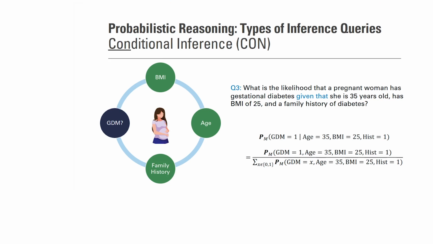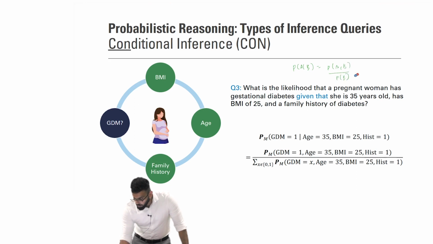So, this boils down to writing conditional queries, and from Bayes rule, we know that we can write P of A given B as P of A comma B divided by P of B, right? Let me write this down. So, you have from Bayes rule P of A given B is P of A comma B divided by P of B. Now, what is P of B? If you're looking at a joint model over A comma B, how do you compute P of B?